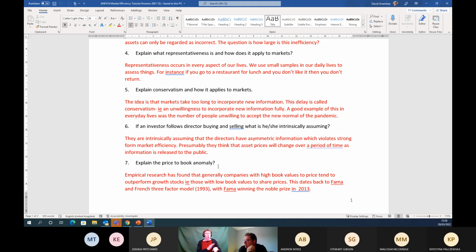So the question 6 about an investor following a director buying or selling shares in their company, what they're actually assuming is that there is asymmetry of information and the director of that company knows more about the company than is factored into the share price. That would violate strong form market efficiency, because strong form market efficiency suggests that all information, both public and private information, is factored into the share price.